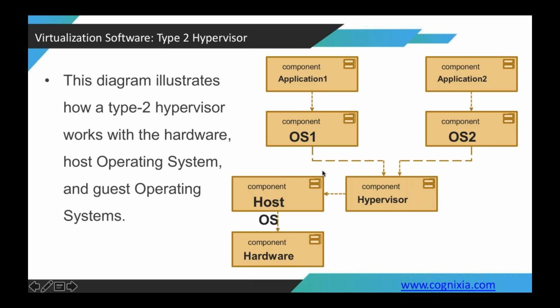This is the type 2 hypervisor we are talking about. You have a base operating system running, Linux, Mac, or Windows, and then you install the hypervisor over it, and over that hypervisor you install different operating systems. You can create a virtual machine over that hypervisor and then install the operating system and run your application over that.